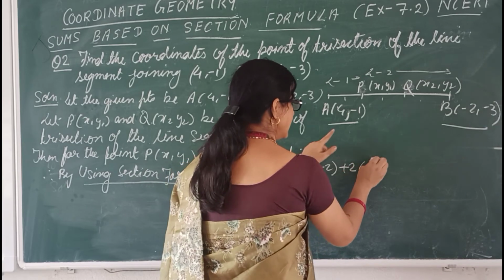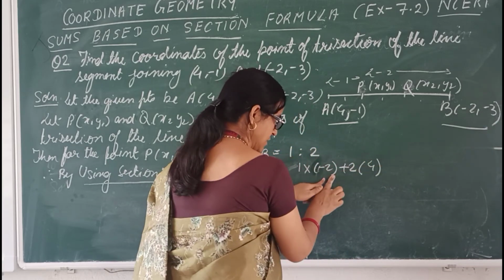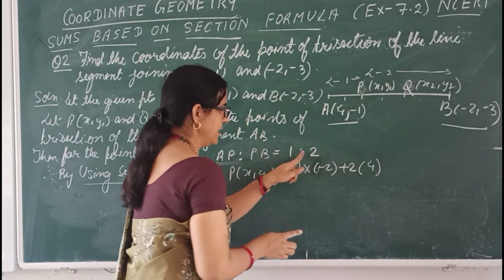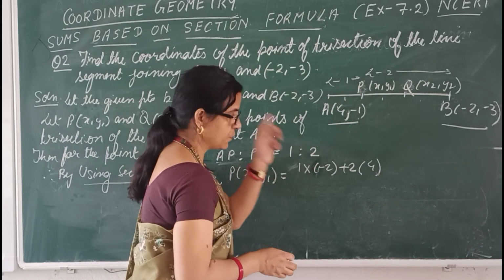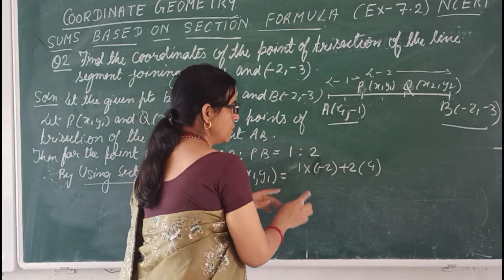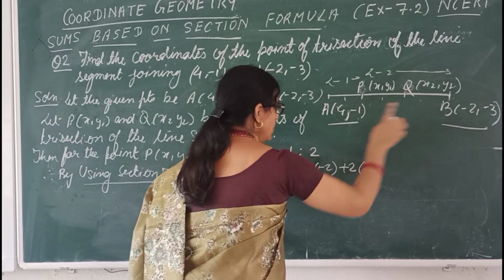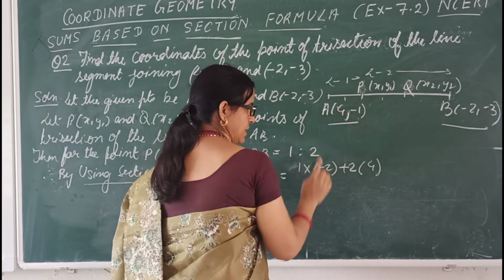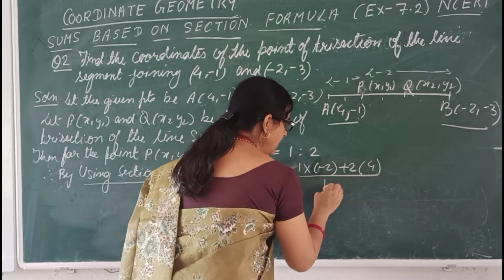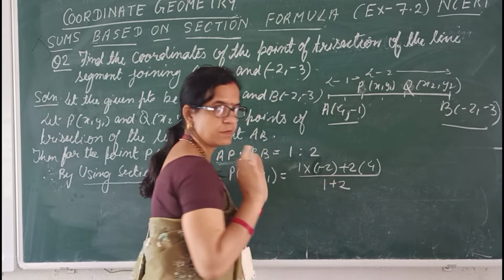Take care, m is 1, n is 2, since the ratio is 1 is to 2. So mx2 plus nx1 by m plus n.